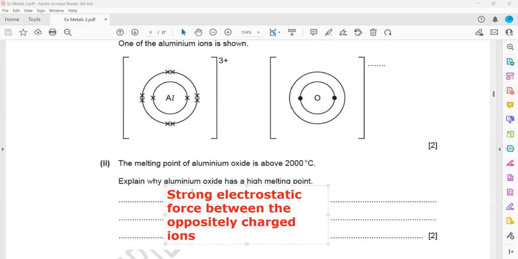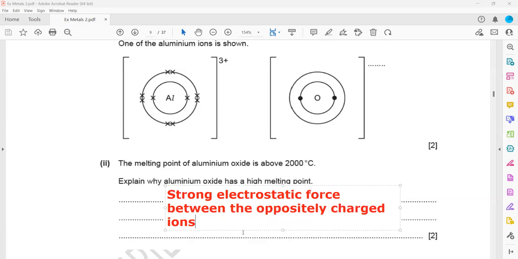The second mark, whenever a question asks why a substance has a high melting or boiling point, is for a lot of energy, or too much energy, being needed to separate them or to break the attraction.